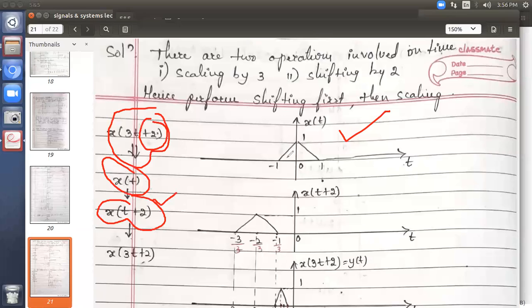If I shift the signal to the left side by 2 amounts, I will get, this is 1, this is 2. That is minus 2 and minus 3. So the signal will be at minus 3. And here also, if I shift this, 1, 2, it will be at minus 1. These 2 are the points. Minus 3 to minus 1, increasing and decreasing ramps.